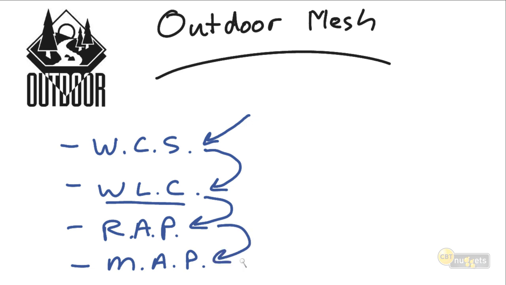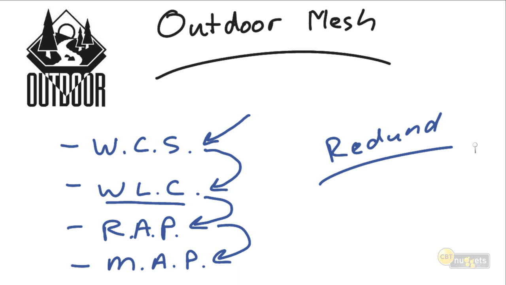So the outdoor mesh solution involves 4 ingredients: a wireless control system, our wireless LAN controller or controllers, our root access point, and our mesh access points. This builds a highly efficient, highly scalable, and most importantly, highly redundant type of environment.